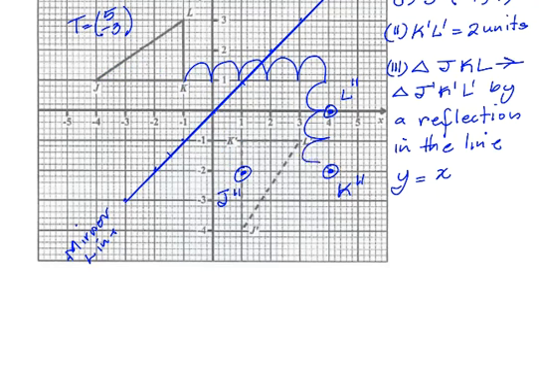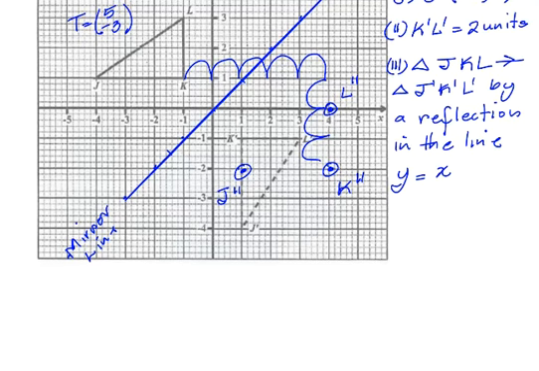That would be the new point of K, which would be K double prime. So I move all three vertices, J, K, and L, 5 units to the right and 3 units down, effectively moving JKL in a straight line without turning.